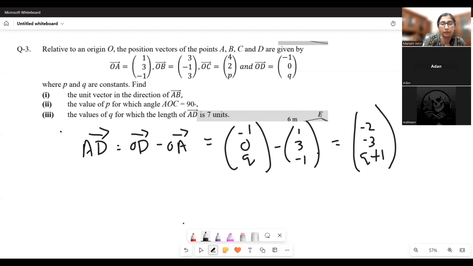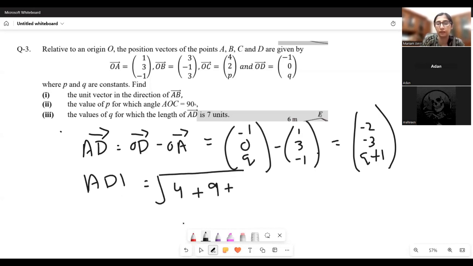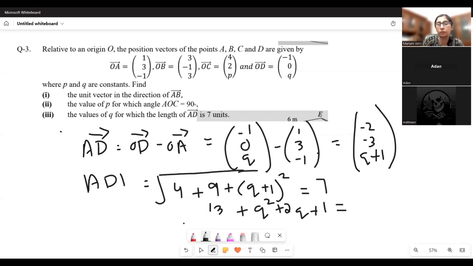So the magnitude of AD is 7. For magnitude, you apply Pythagoras theorem. 2 squared is 4, plus 3 squared is 9, plus Q plus 1 whole squared, and that is equal to 7. So 13 plus Q squared plus 2Q plus 1 equals, I am going to square both sides here.